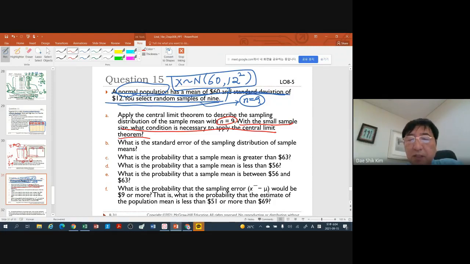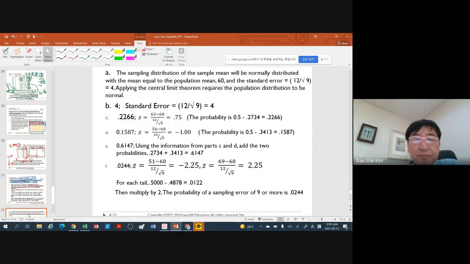It's possible only if the population itself follows a normal distribution, then no problem. But if the population does not follow a normal distribution, then you need to increase the sample size to more than 30. Okay, that is explained.